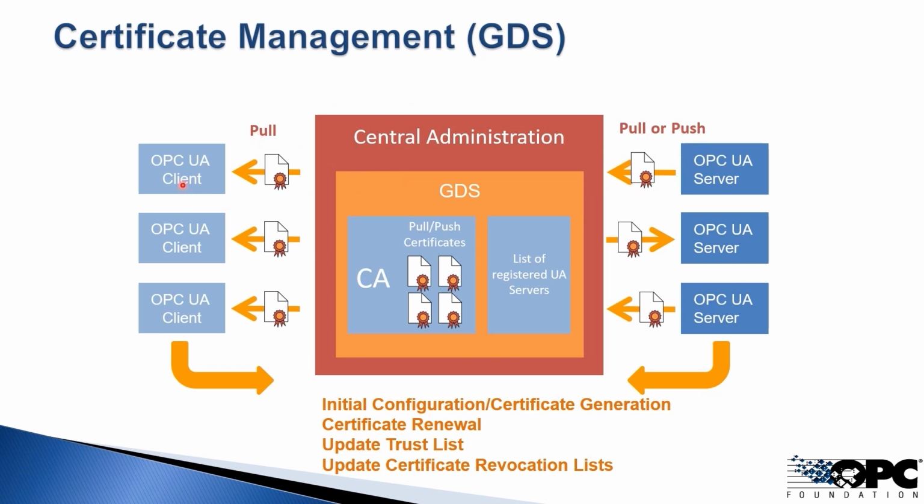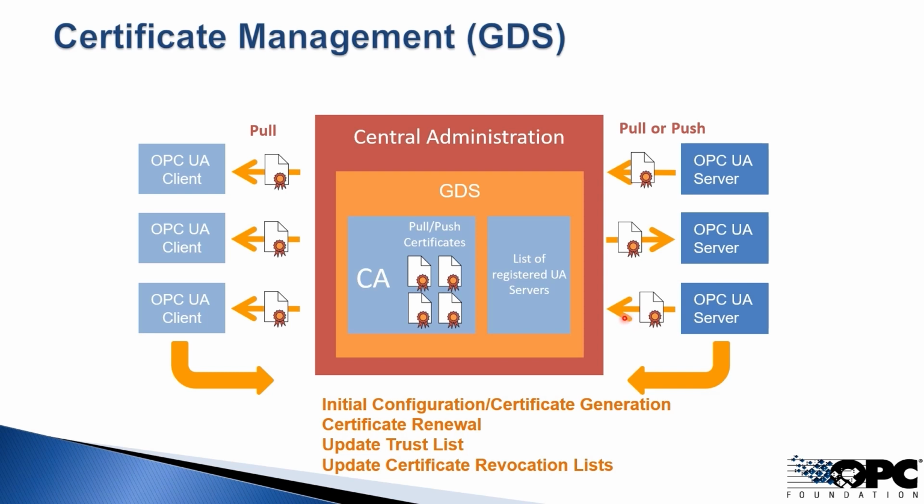A typical scenario is an OPC UA client will connect to a GDS and will pull its certificate from the GDS, because again, the client is the initiator of the communication and initiates, in this case, the pull action. A server, on the other hand, is listening for connections, and in this case, the GDS acts as the client and often will push the certificate to the actual OPC server. And of course, in some cases, you can choose to use the other model if you have the reverse interface available to you, either way.